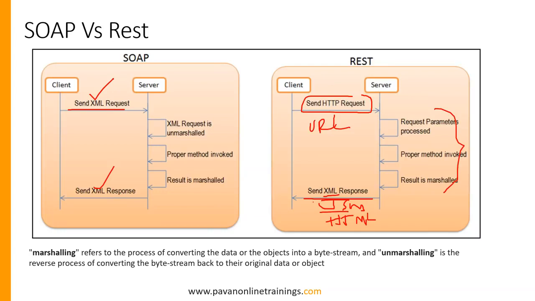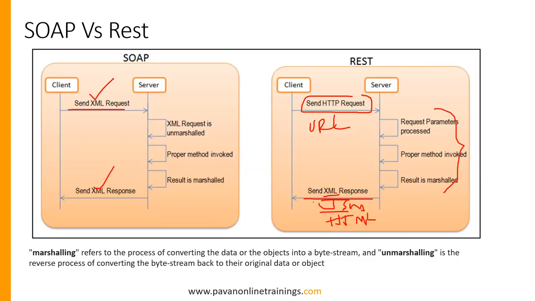So these are the basic differences between SOAP and REST. I told you a few differences. The first difference is SOAP is the older one, a very old technology. REST is the latest technology. SOAP will use only the post request, whereas REST service will use four requests: post, put, get, delete.